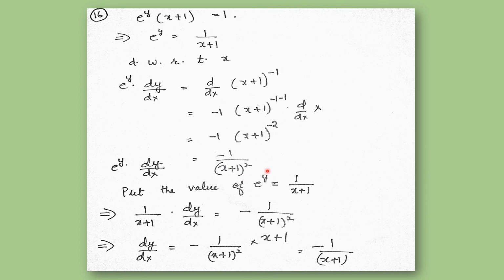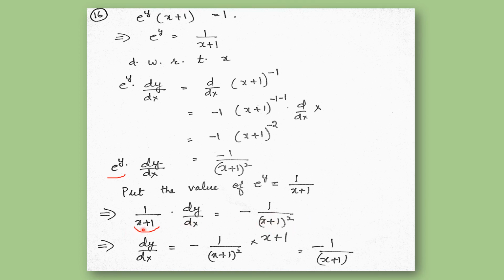Now, in this question, what you will do is put the value of e power y, which we have calculated, is equal to 1 upon x plus 1. In this equation, instead of e power y, you will write this value, 1 upon x plus 1. So you will get 1 upon x plus 1 into dy by dx is equal to minus 1 whole upon x plus 1 whole square, right?